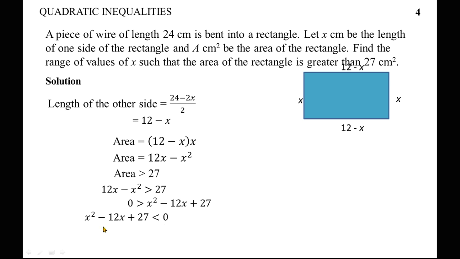Luckily, x² minus 12x plus 27 can be factorized as (x minus 3)(x minus 9), which is less than 0. So from here we obtain that x is between 3 and 9. So the range of values of x such that the area of the rectangle is greater than 27 cm² is between 3 and 9 centimeters.